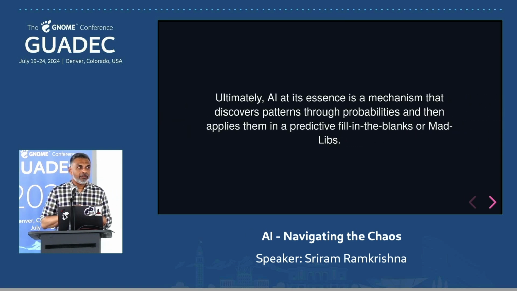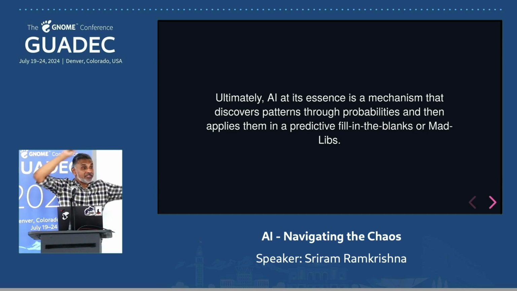But ultimately, again, as I was going back, what is the essence of AI? It's just a mechanism to discover patterns. And every time you take a generative AI and say, write a sentence about this, it breaks it down into little components, and it just says, what is the probability that the next component is this?